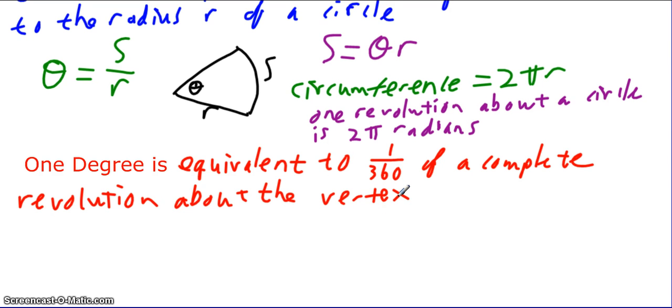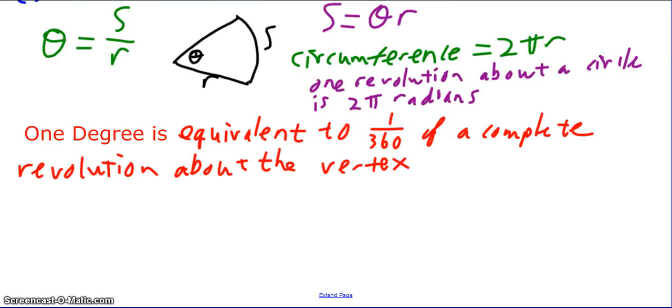And that should actually make sense because we know there's 360 degrees in a circle. And so now we want to point out some of the relationships between radians and degrees.